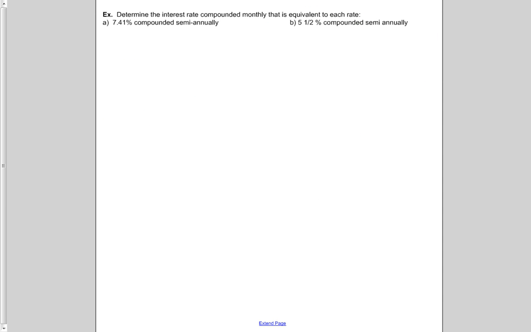Let's just do a couple more quick calculations to make sure you're all right with this. If you get a mortgage that is 7.41% compounded semi-annually, and you want to pay monthly, we want to find the monthly rate. So a semi-annual rate would be 0.0741 divided by 2, which is 0.03705. So that's your semi-annual rate.